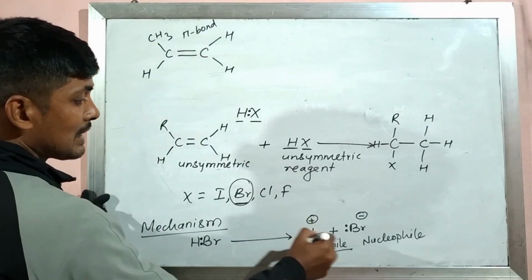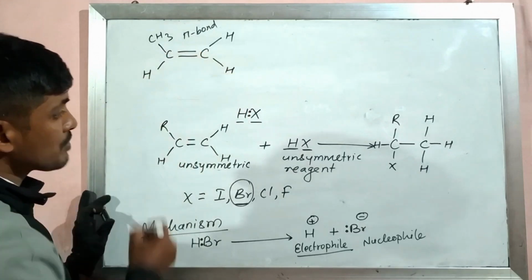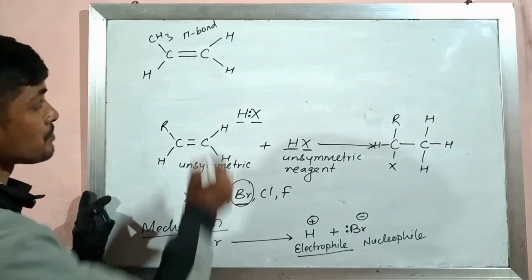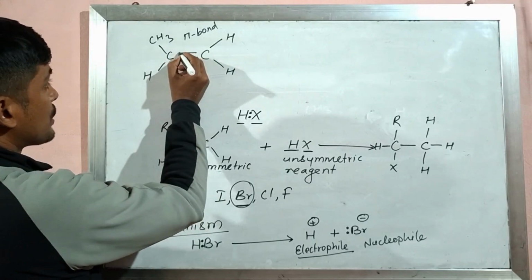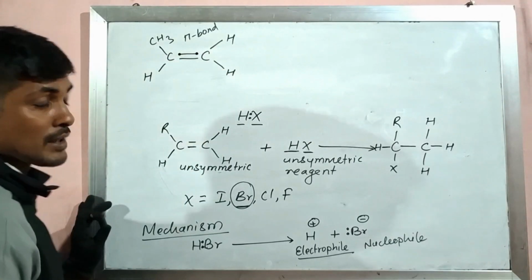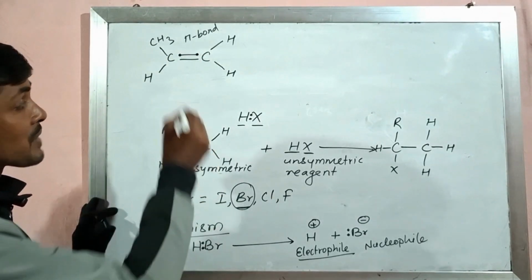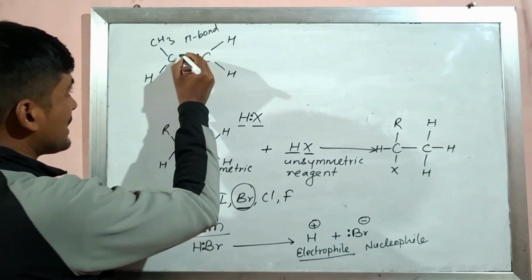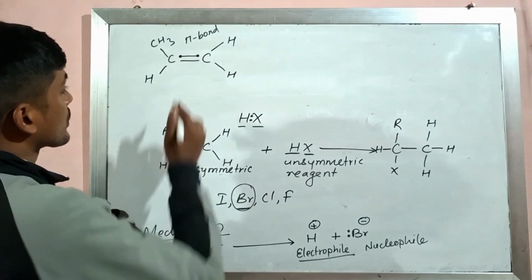Now this electrophile, or H plus, comes in search of what? Electrons, and it observes that there is a weak pi bond in the double bonded hydrocarbon, the unsymmetrical alkene. Now this pi bond is broken.